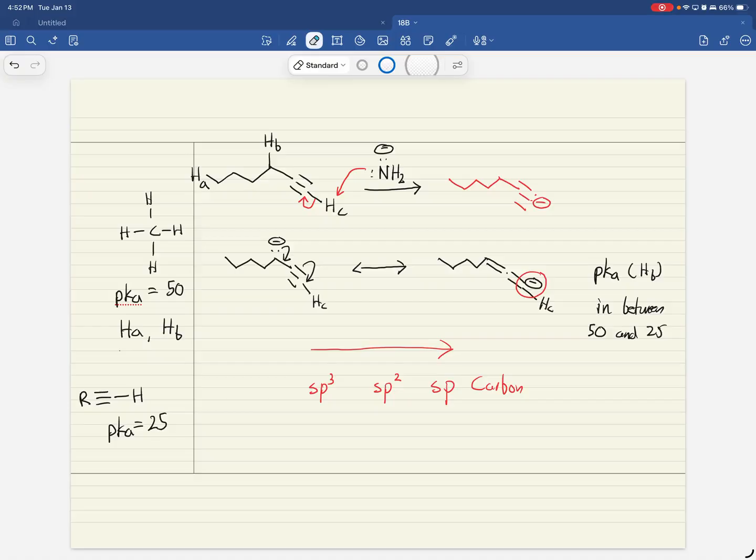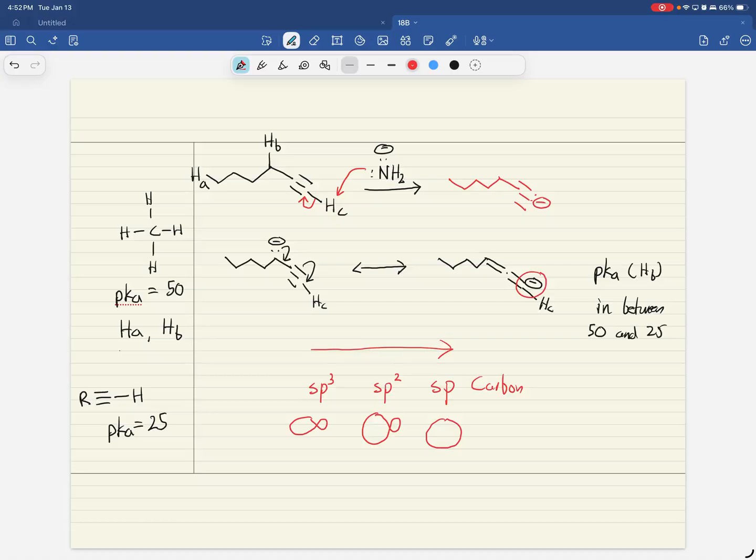You guys recall? Which one has more s character? sp, right? So this is more s-like. This looks more p orbital-like, okay? And then this looks even less s-like.